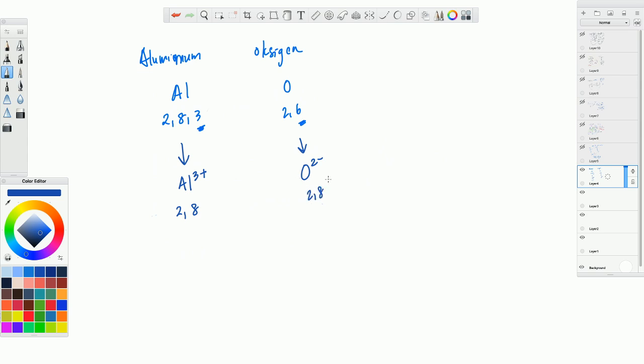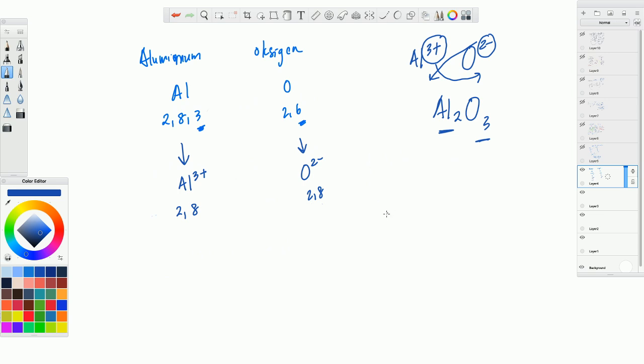Tapi kamu mesti pastikan aluminium ialah 3 positif, oksida ialah 2 negatif. Dia bukan satu ion. Aluminium 3 positif, oksida 2 negatif. 3 ini pergi ke sini, 2 ini pergi ke sini. So Al2O3. Kita perlukan 2 ion aluminium, 3 ion oksida.